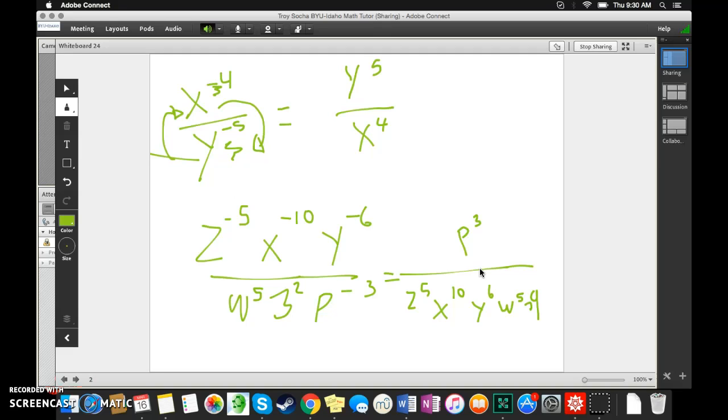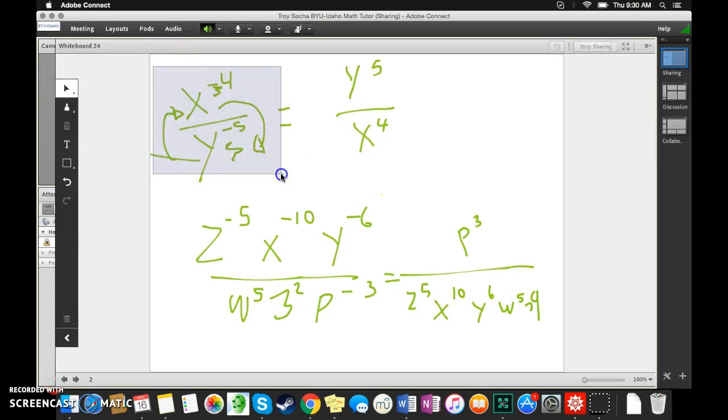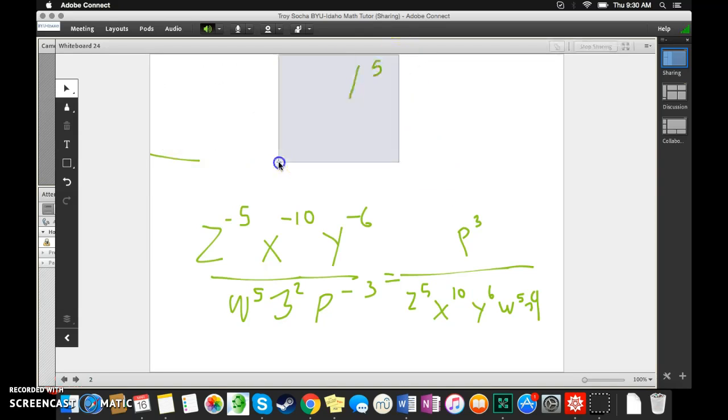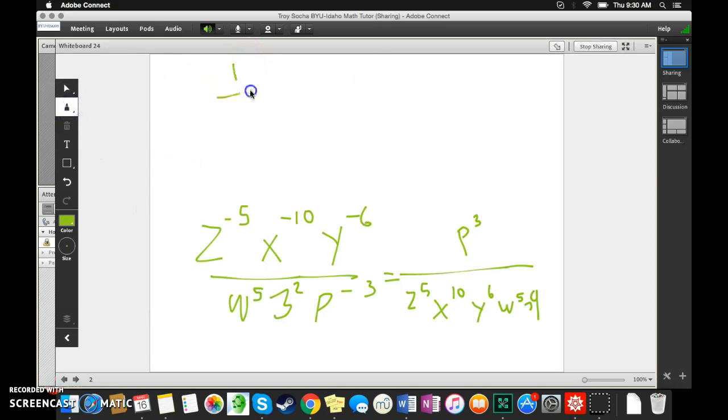Now the reason that the one on the bottom goes to the top, we can discuss that real quick. When you have x to the negative 1, it looks like this. It becomes 1 over x. Now that's confusing, but it's not that bad.